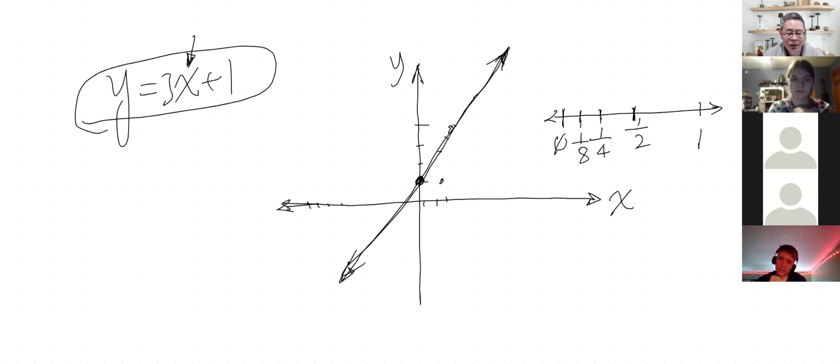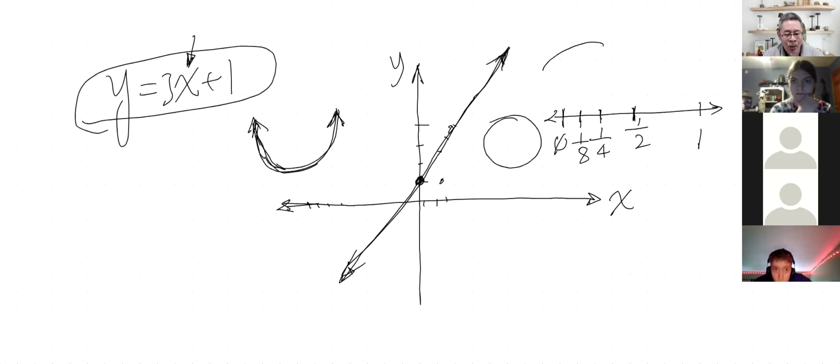This is a line, and we also learned about the parabola, and we can also study circles and ellipses and all that. Now we can use algebra to study those geometric shapes. And in the old days this is called analytical geometry.